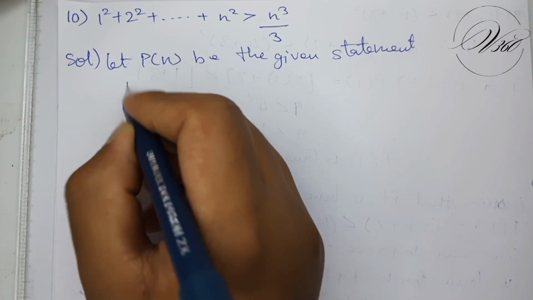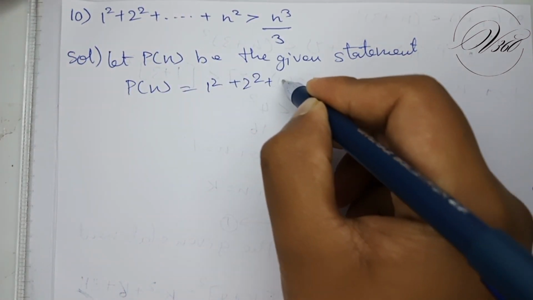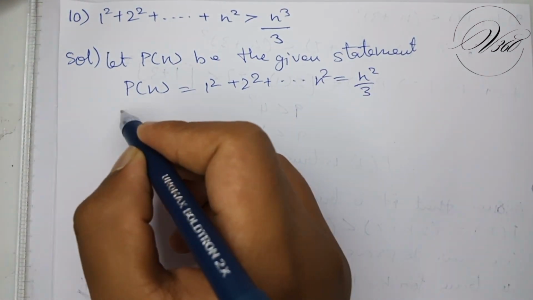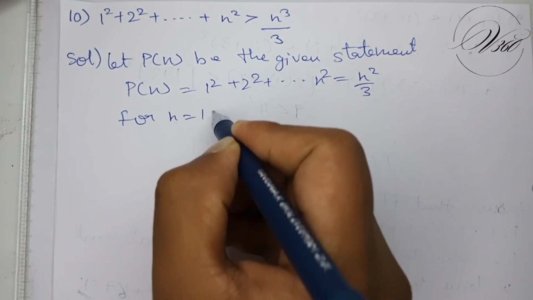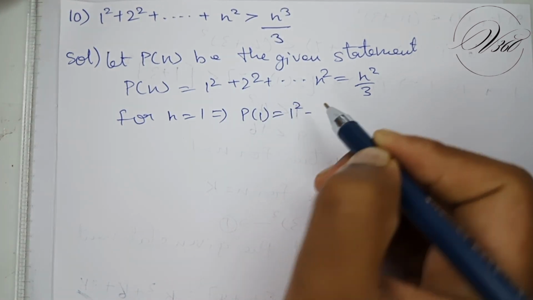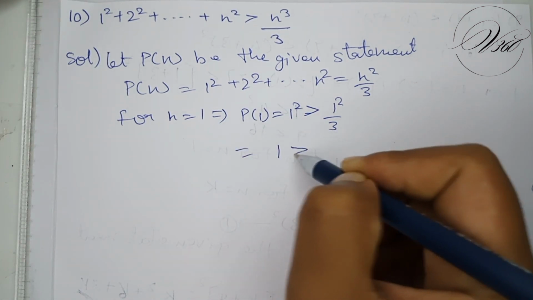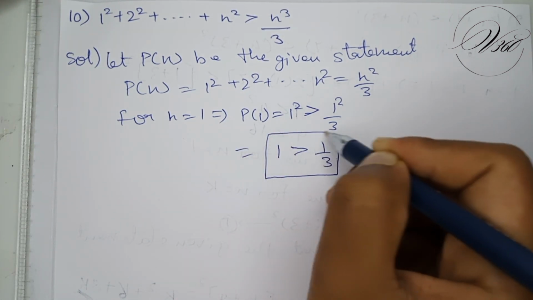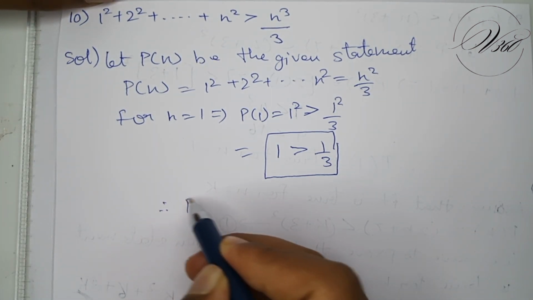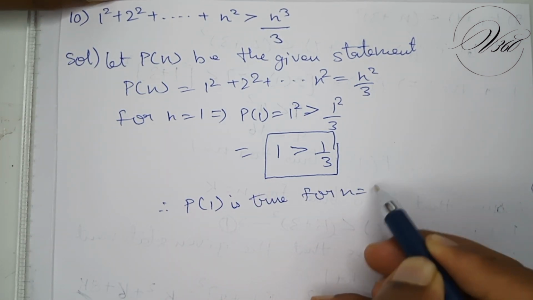Then P of n is 1 square plus 2 square plus up to n square is greater than n cube by 3. For n is equal to 1, which implies P of 1 is 1 square, which is greater than 1 cube by 3, that is 1 greater than 1 by 3. Okay, now therefore P of 1 is true for n is equal to 1.